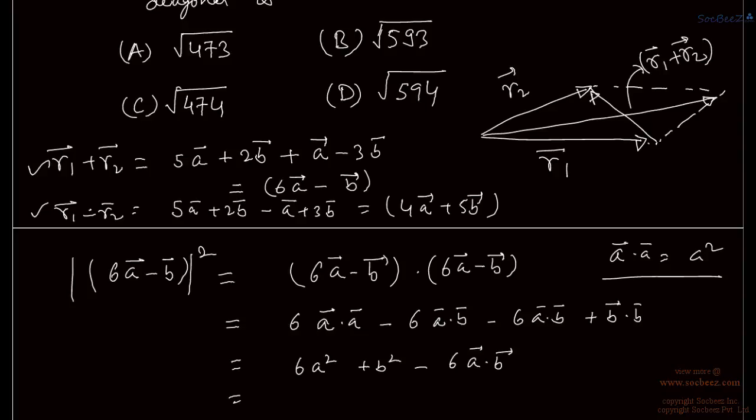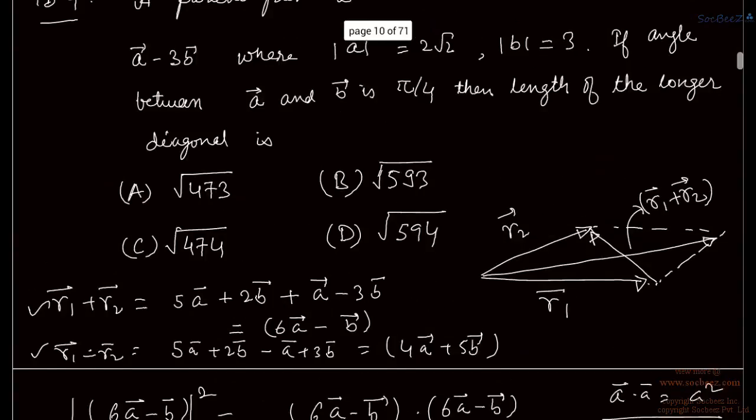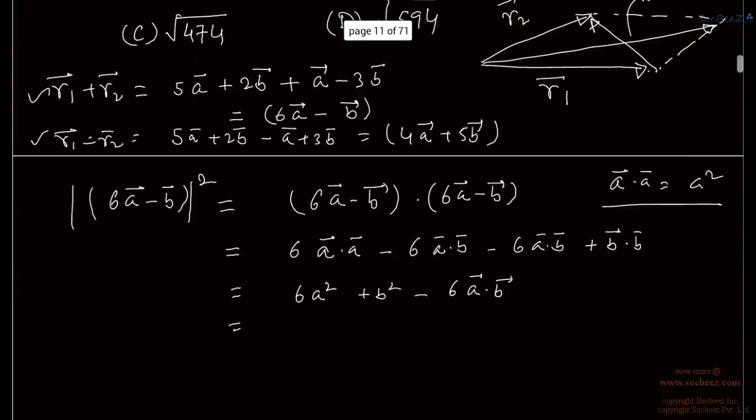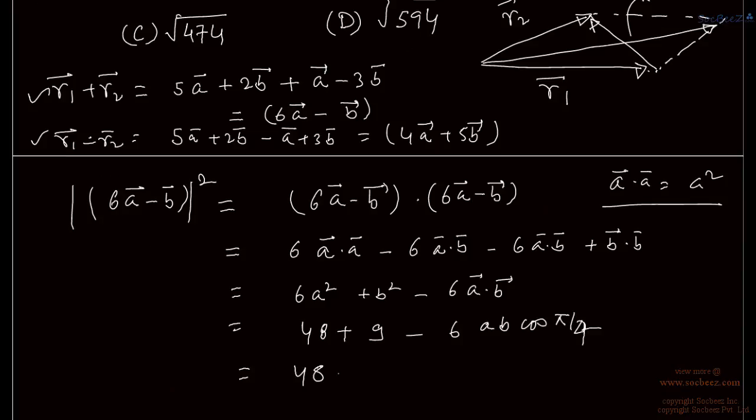Okay. So the modulus of a is given as 2 root 2, so a square is 8, and the modulus of b is given as 3. 36 times 8 is 288 plus b square is 9 minus 12 times magnitude of a, magnitude of b into cos of the angle between them, which is given as pi by 4. So we have 2 root 2 into 3 into cos pi by 4, which is 1 by root 2.